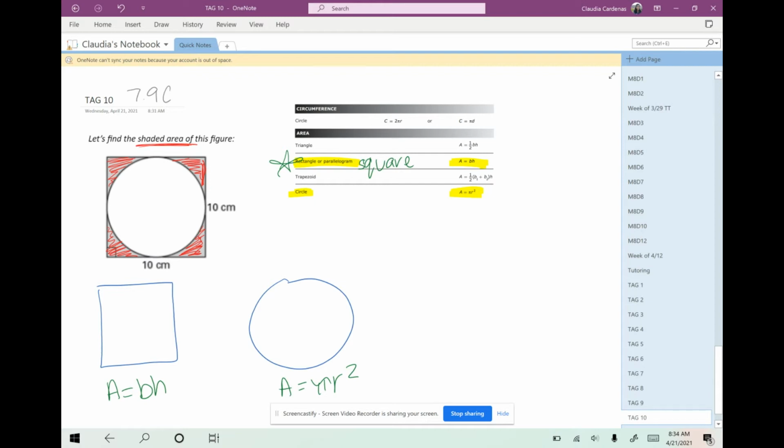So now we can go ahead and make an expression that helps us find the solution, because once we find the area of the square and find the area of the circle, we want to find the difference between the two areas. So what operation would that look like if we were using our shapes? Well, I need to take the circle's area away from the square's area. So this would be subtraction to get us the shaded area or the shaded region.